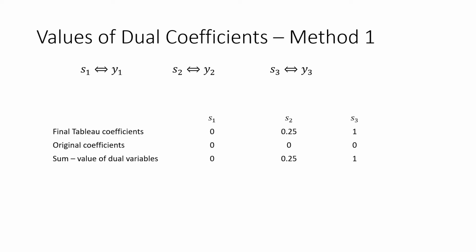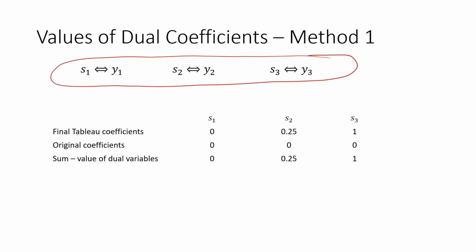It is looking at the correspondences between our basic variables and our dual variables. Remember that there is a dual variable for every constraint. There is also going to be one basic variable in each of those constraints. So you can do this correspondence that says that this basic variable in my primal corresponds to this dual variable in my dual.